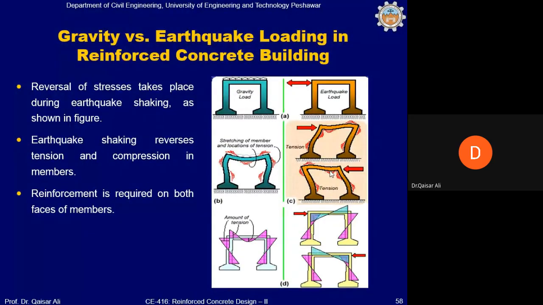Okay. What is the conclusion? The conclusion is that if you look at these bending moments, both in beams and columns, the bending moments occur at the ends of the columns and beams. The bending moment due to earthquake loading does not occur at the midspan of the beam or mid height of the column.